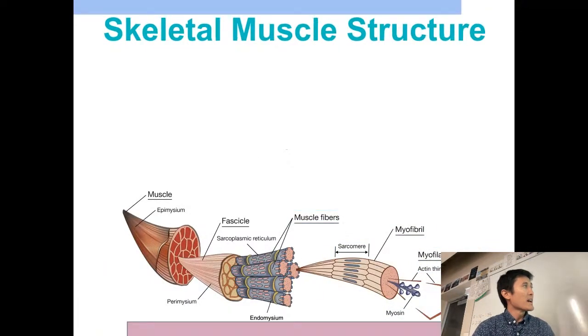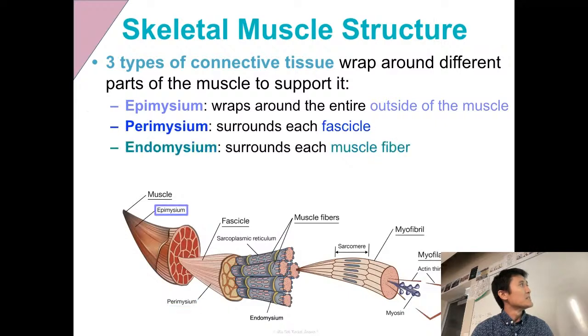One more thing to add to your paper. Actually, it is on there, at the bottom. Notice the muscle fascia: you have the epimysium covering the muscle, the perimysium covering the fascicle, and the endomysium covering the muscle fiber.